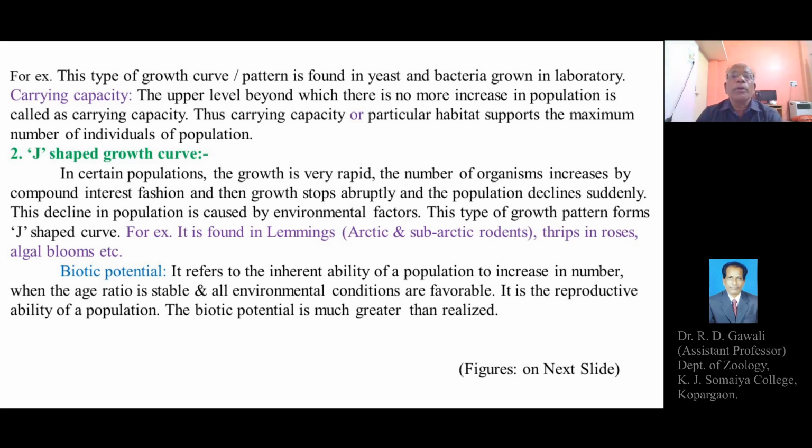And that's why we have explained the sigmoid curve, where there are 4 steps.